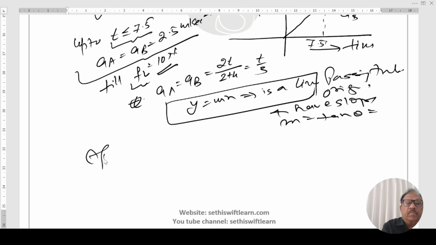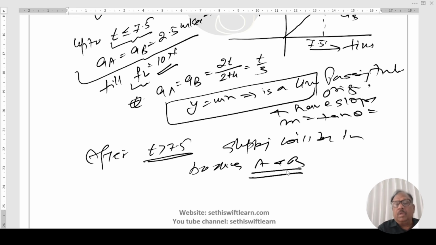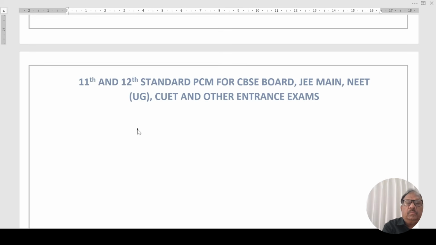After T greater than 7.5, slipping will be there between bodies A and B. Then the free body diagram of that: F equal to 2T.